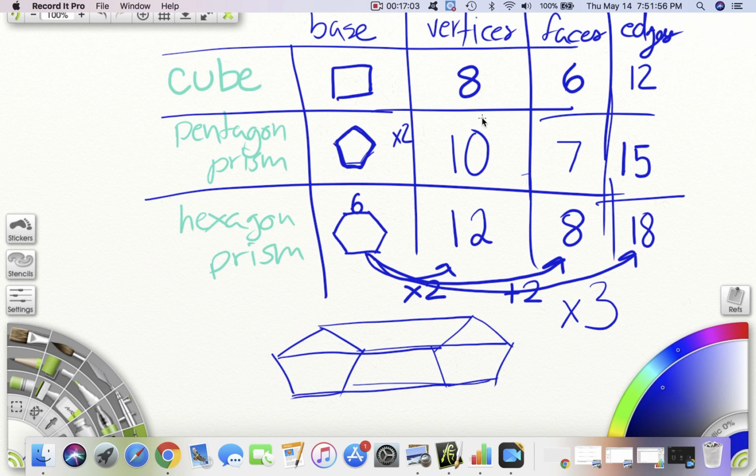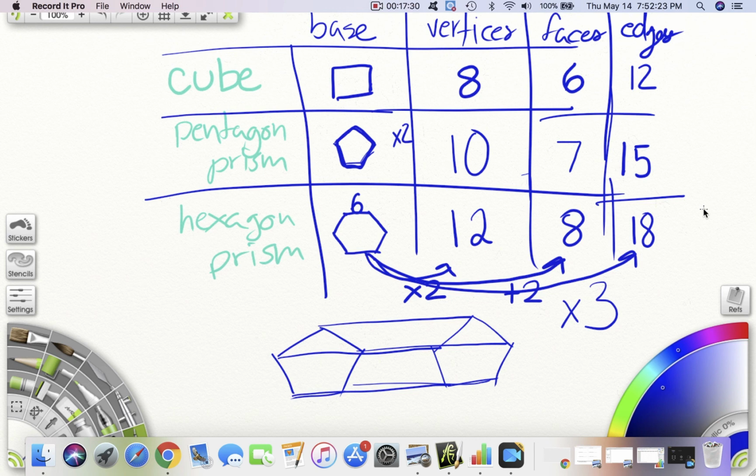So draw out the base of the shape. So if it's a pentagon-based prism, you draw out a pentagon. If it's a hexagon, you draw out a hexagon. If it's an octagon, you draw an octagon. How many sides does that octagon have? It has 8. Then you apply the rules for vertices, faces, and edges. So vertices, we're multiplying it by 2. Faces, you're adding 2. And edges, you're timesing it by 3. And that's all there is.